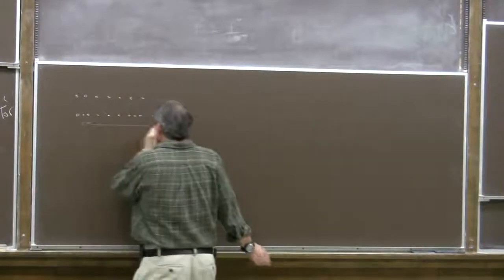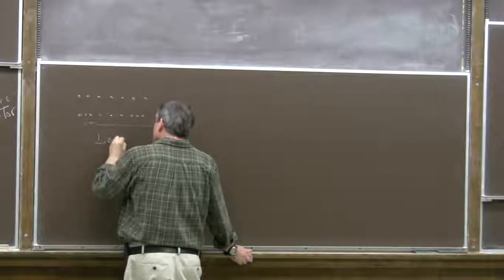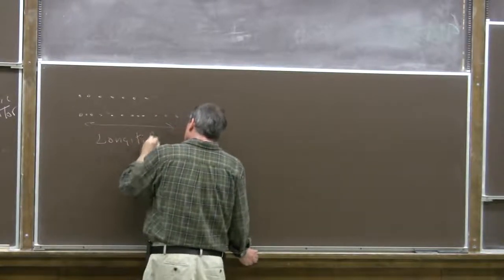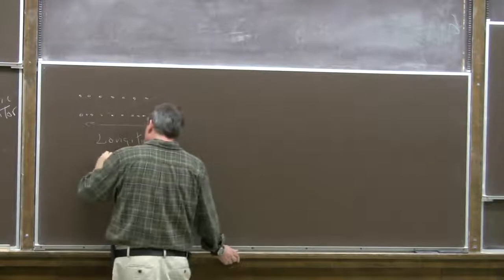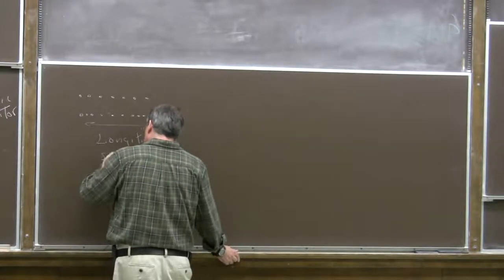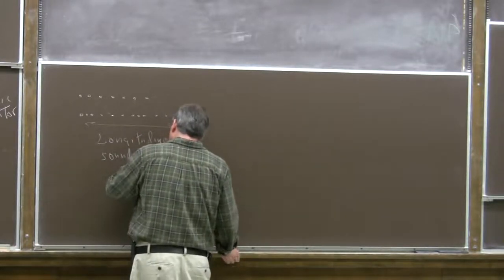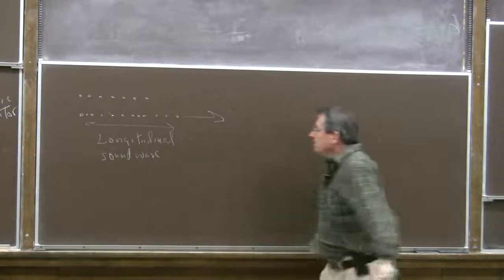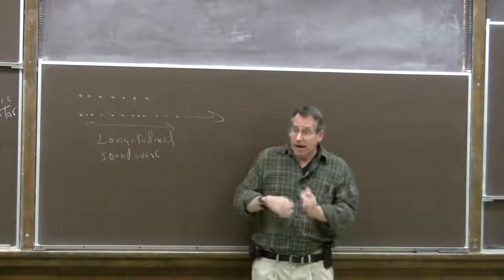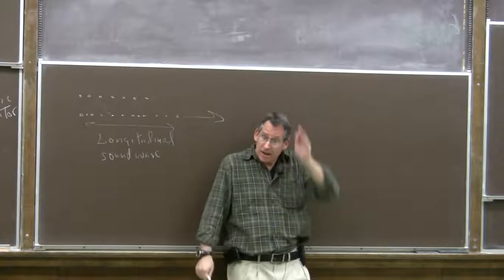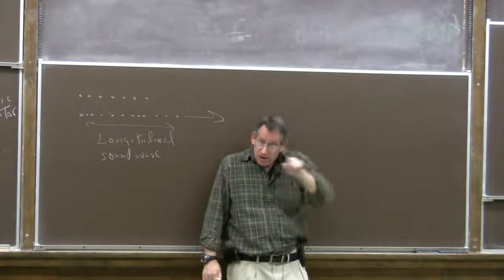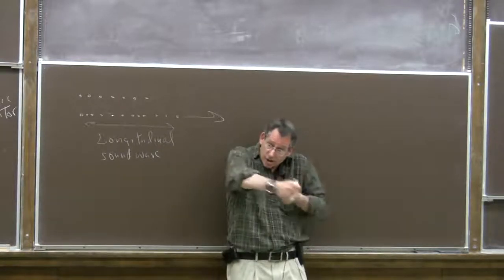And so that is a longitudinal sound wave. So there's a wave traveling this way, and the atoms aren't being displaced transverse to the direction of propagation, but along the direction of propagation.